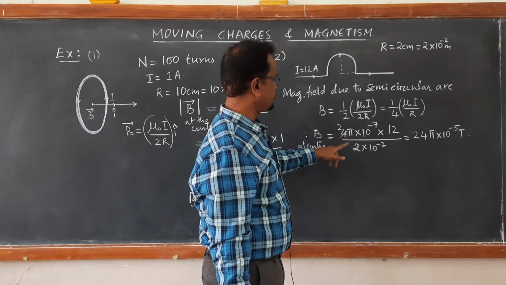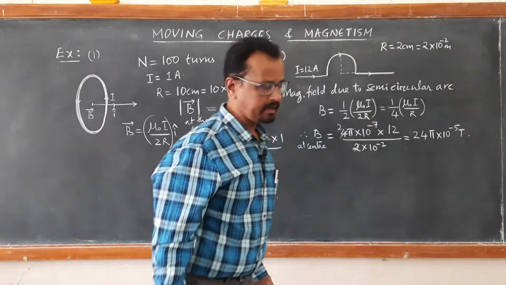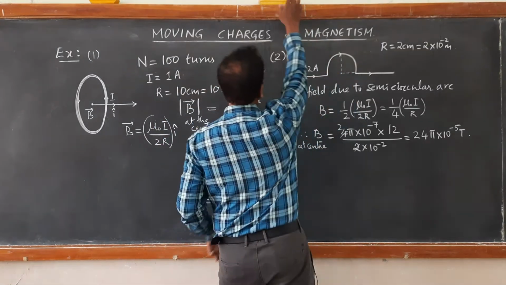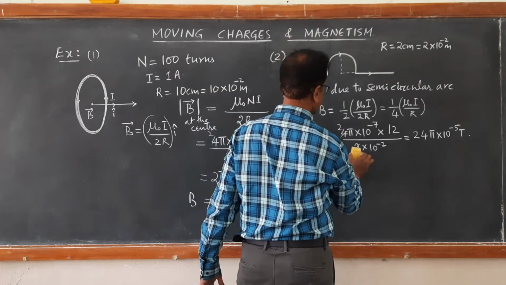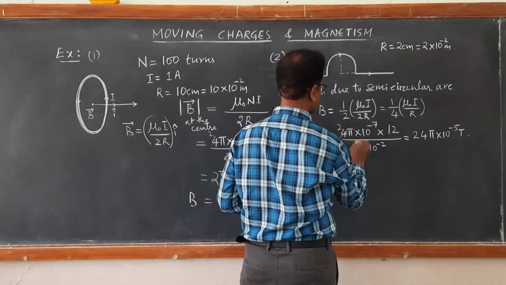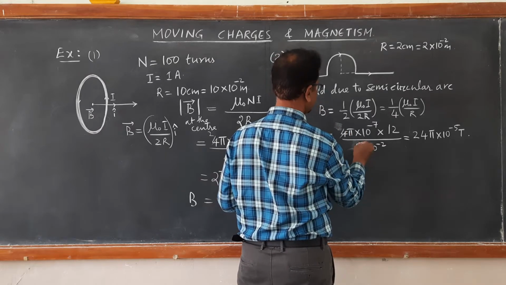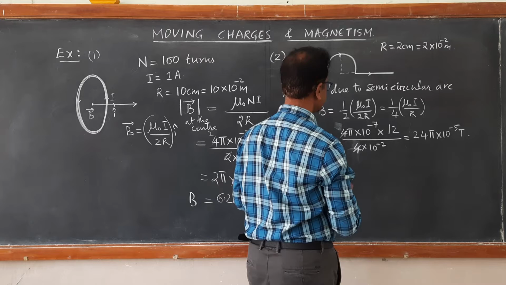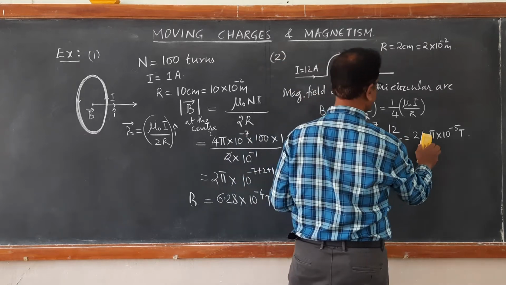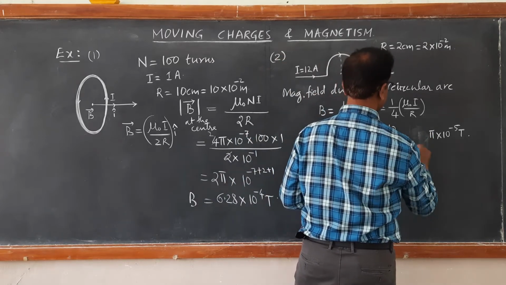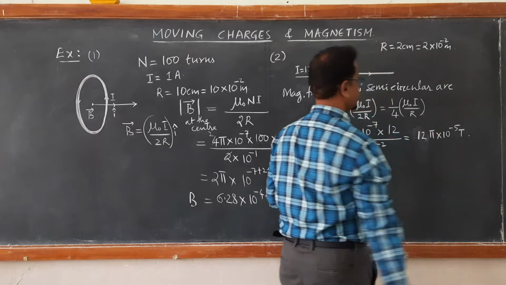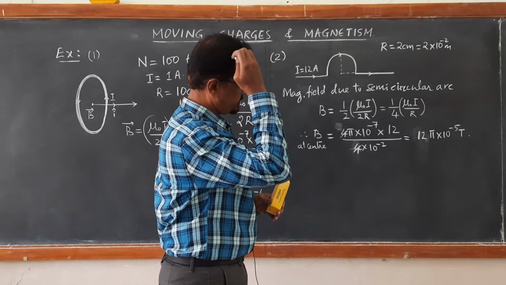Here 4r is there, so there is an error here. So you can just see here 4 times. So there is no question of 2 here, 4 cancels. When you cancel 4, you are left with 12 pi into 10 to the power of minus 5 Tesla.